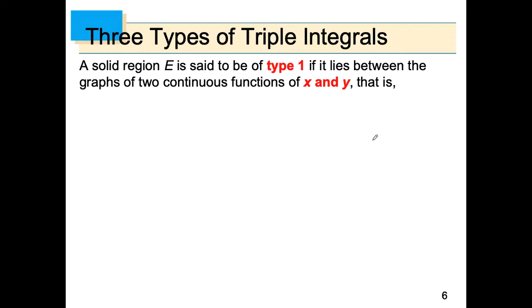Now, what makes a solid region known as a type 1 region? I'm going to go ahead and show you a bunch of mathematical jargon, and then I'm going to break it down piece by piece.